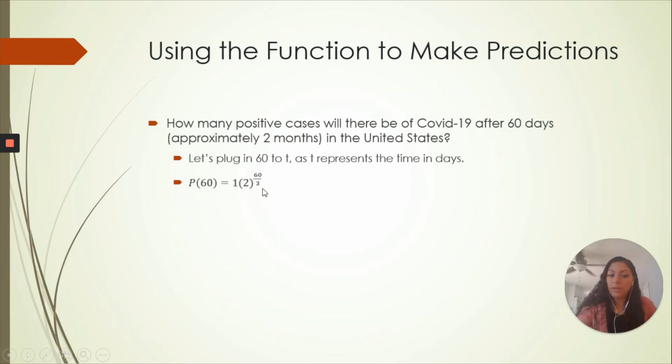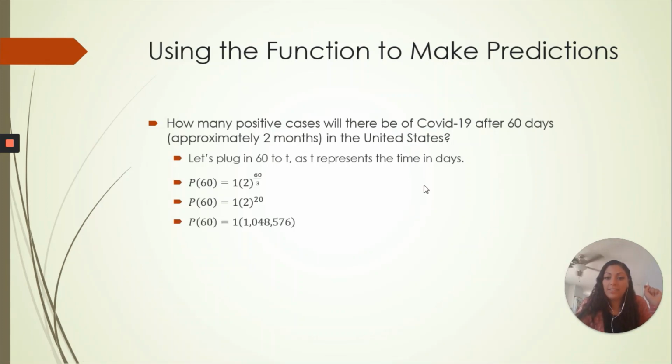Order of operations, we're going to work in that exponent and divide 60 by 3, which gives us 20. We still have to deal with that exponent, so 2 raised to the 20th power. That is 1,048,576. And we multiply it by that 1, that initial case.